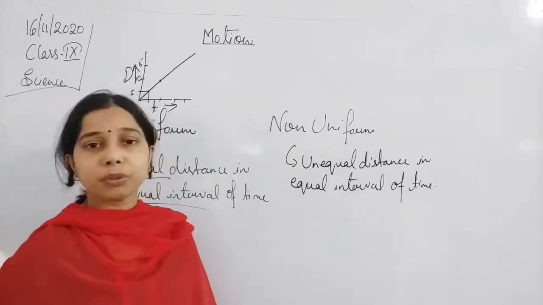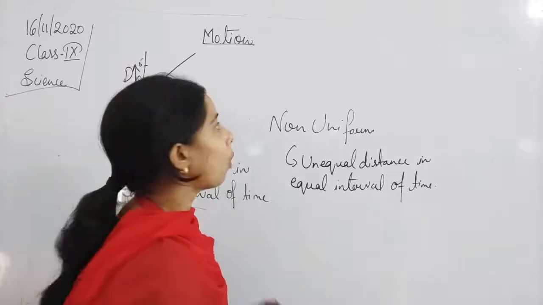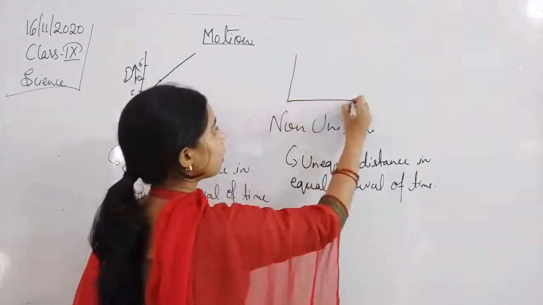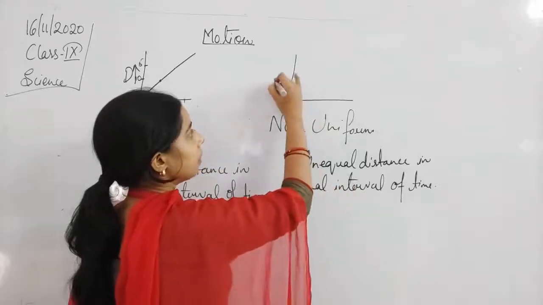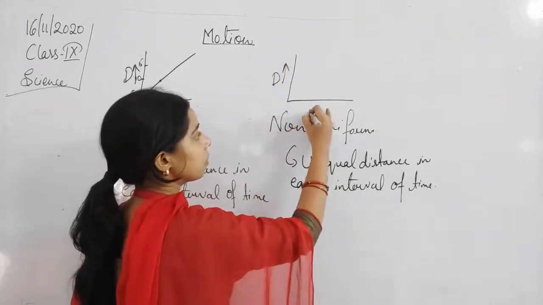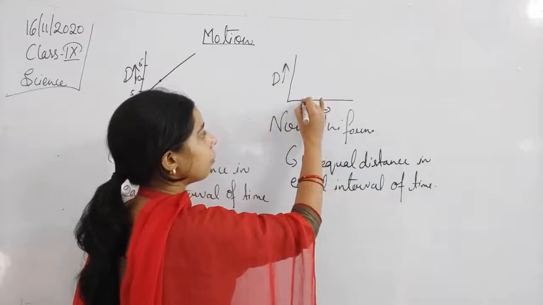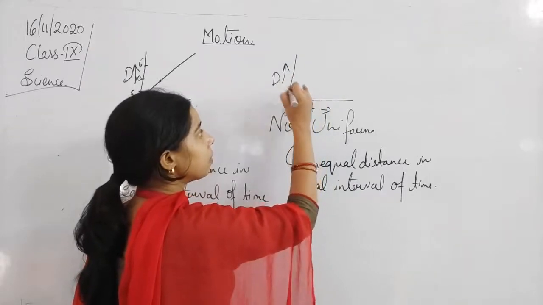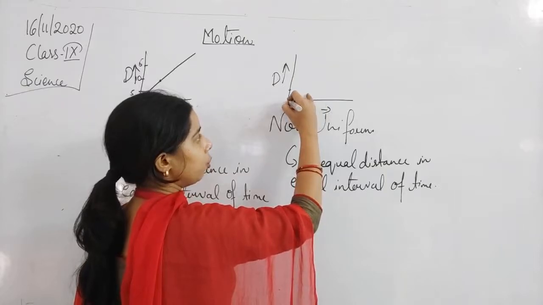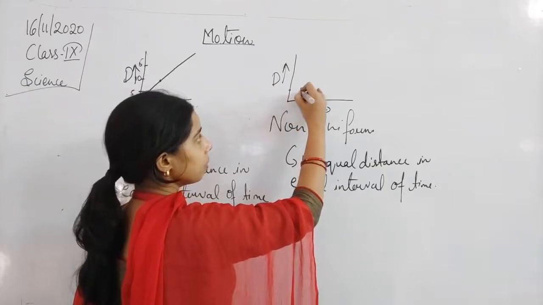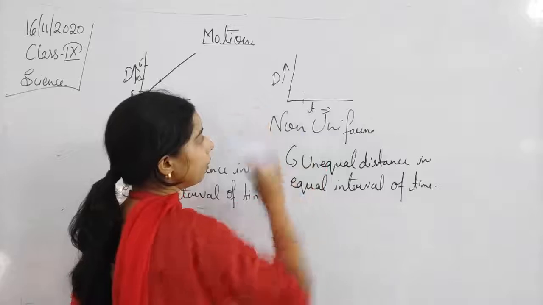If we talk about non-uniform motion, it is basically unequal distance in an equal interval of time. Suppose this is the distance, this is the time, and in the first second it travels 2 meter, so we make a point here.